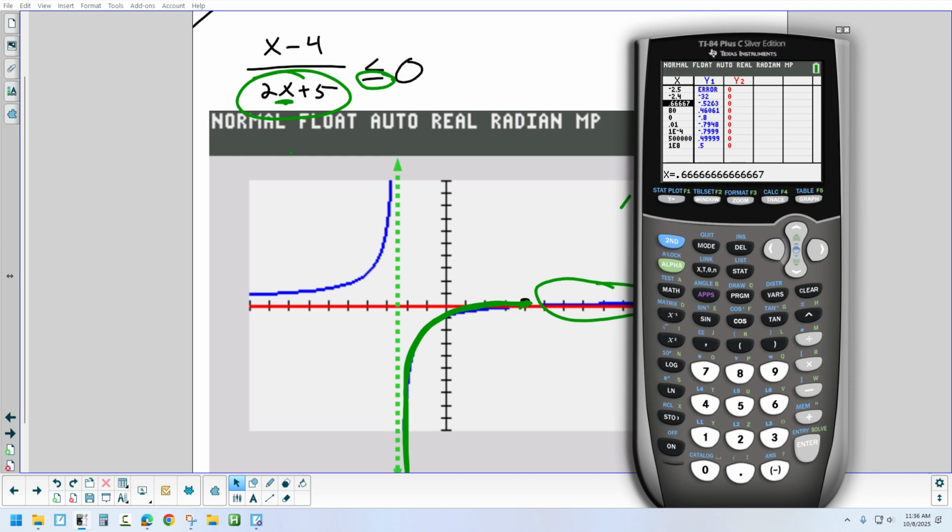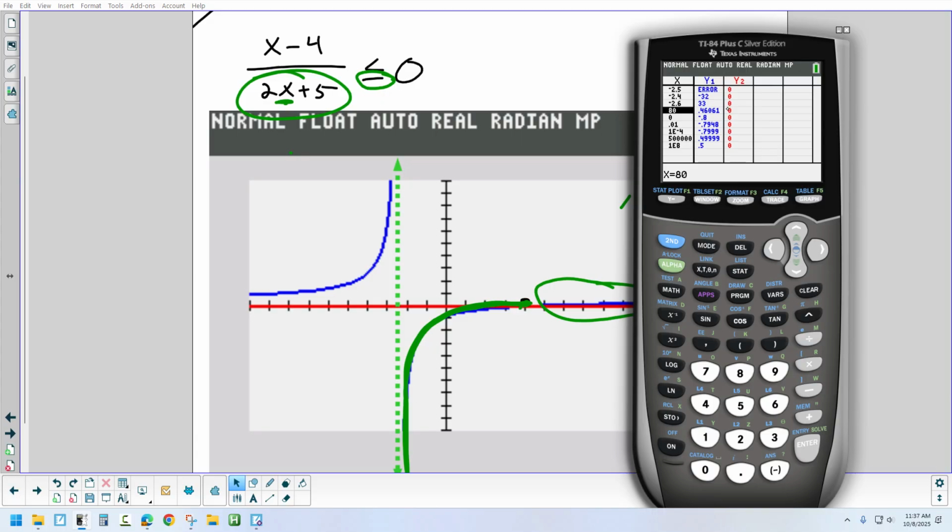Let's see what happens if we go to the left of that dotted line. What's a number that's just a little bigger than 2.5 in magnitude? -2.6. Now you're up at +33. Are you below the red line now? No, you're up at 33, so you're above it.